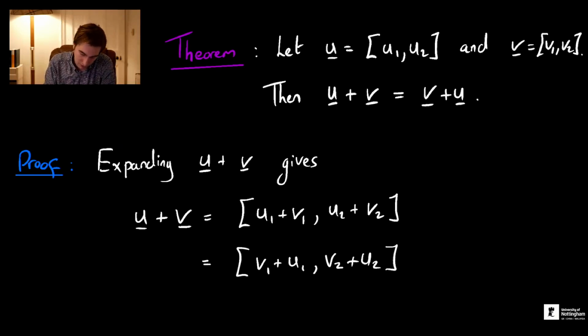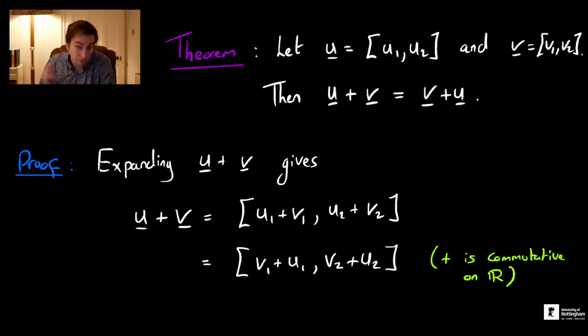So maybe I'll make a note of that on the side: plus is commutative on R, on the real numbers. And hence we can just expand this back out again. In other words, this is the same as v plus u, where this is now the addition between two vectors. So that's our proof done, and we can make our box to say that we're finished.